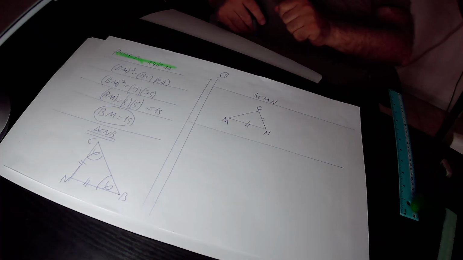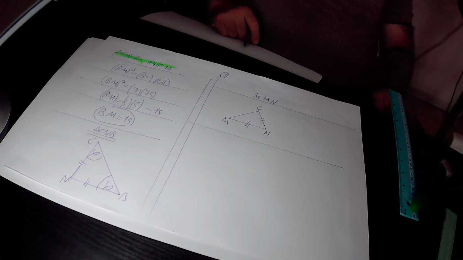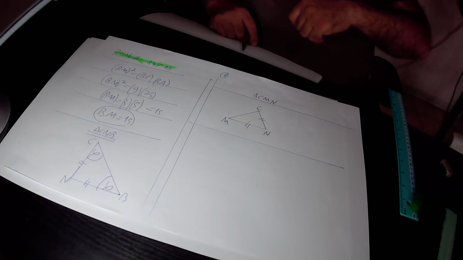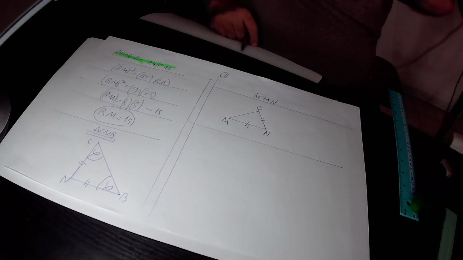So actually, this is triangle CMN that I copied from the original drawing. According to rule 2, side CN equals side MN. And according to the rule that I mentioned, in front of equal sides in the triangle there are equal angles.